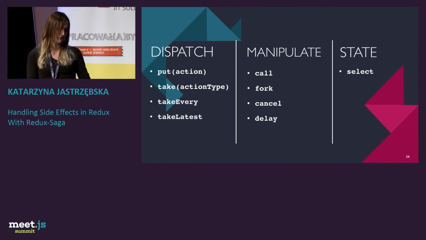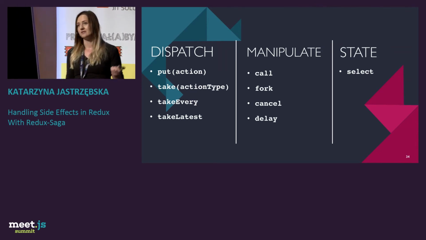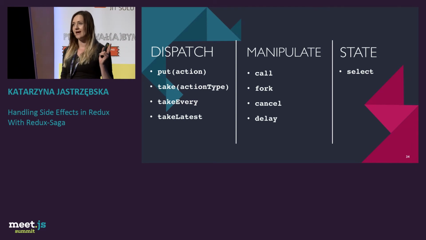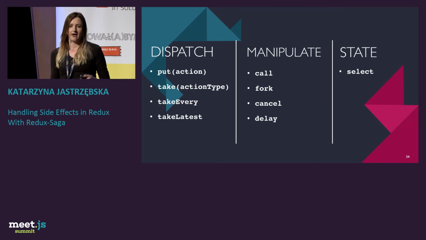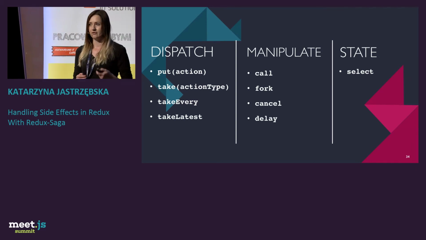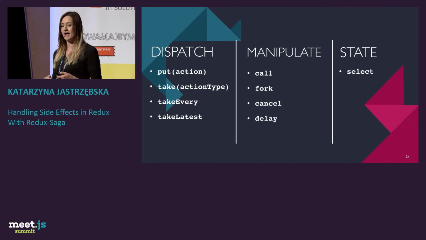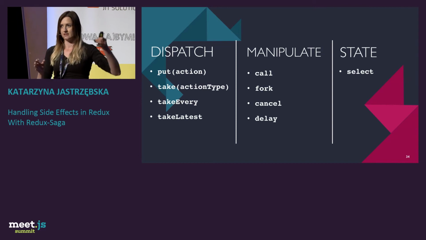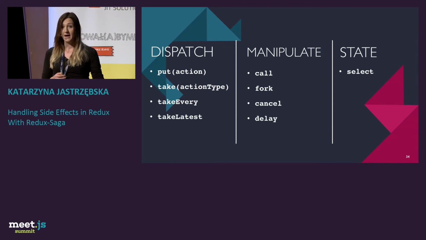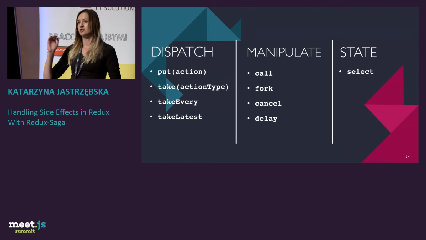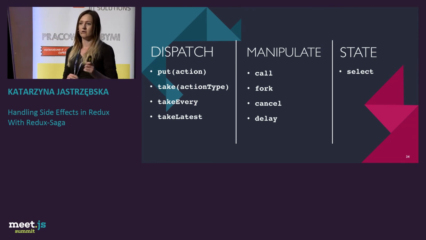There are also really interesting 2 effects, which is a take every and take latest, which have extra logic to do some job for you. So every time we simply dispatch some action, take every will just react on every action dispatched, but take latest will just simply ignore all the older ones and take the latest action dispatched.